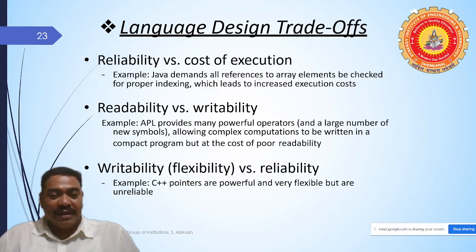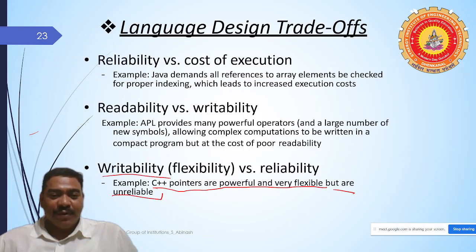You don't know the meaning of the symbols which are used in the program. Okay, so next is writability or flexibility versus reliability. See here the example, the C++ pointers and C pointers also. The C++ pointers are powerful and very flexible, but are unreliable.